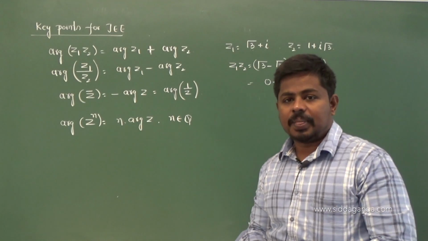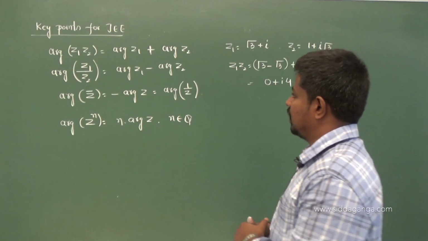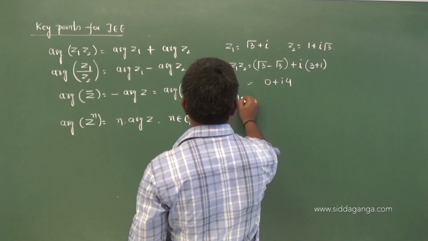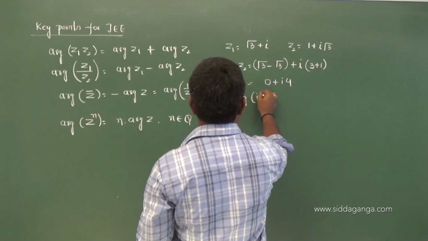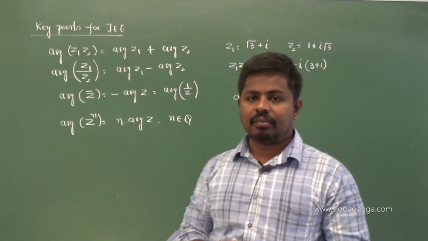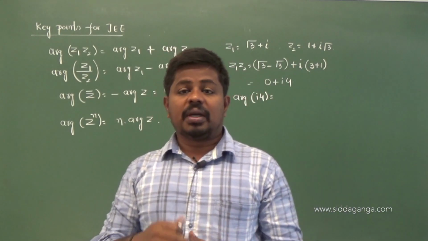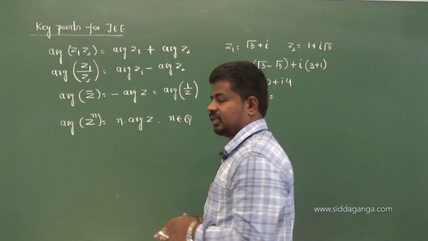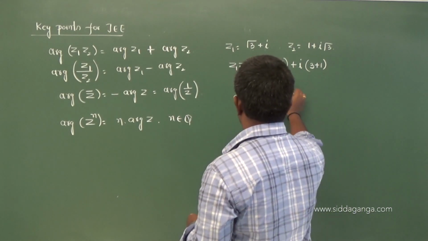Now the argument of this is what? Argument of I4 is equal to what actually? It is purely imaginary and it is on the positive y axis. Yes, the argument is plus pi by 2.